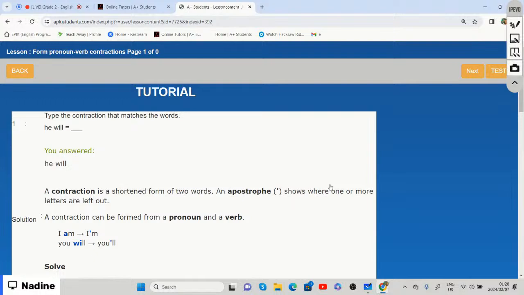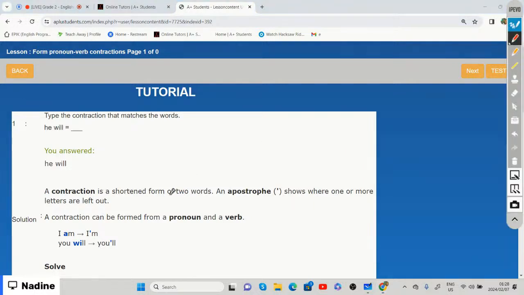And remember, we said a contraction is a shortened form of two words. And we're using an apostrophe to show where one or more of the letters are left out. And we basically form our contraction from a pronoun as well as a verb.